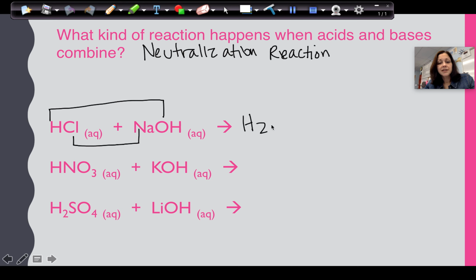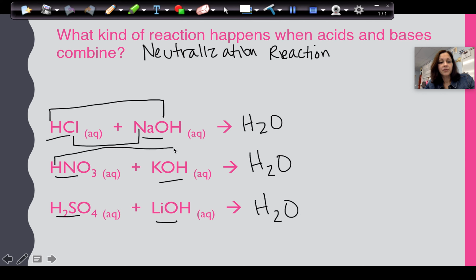For neutralization, once I identify that there's an acid plus a base, one of my products is always water, because the H from the acid goes with the OH. Then the metal from the base goes in front of the nonmetal from the acid. We crisscross and drop the signs to get the formula.